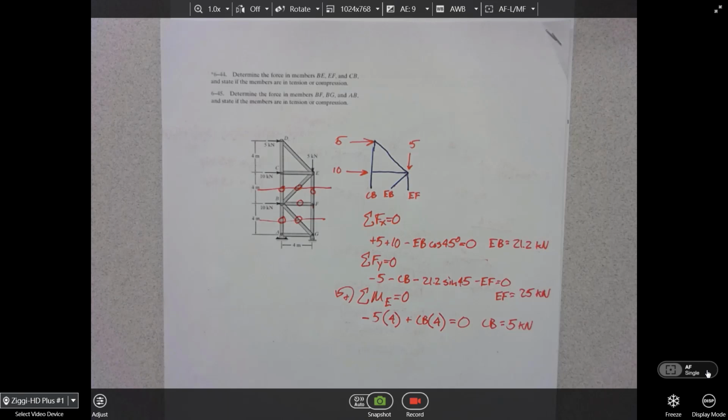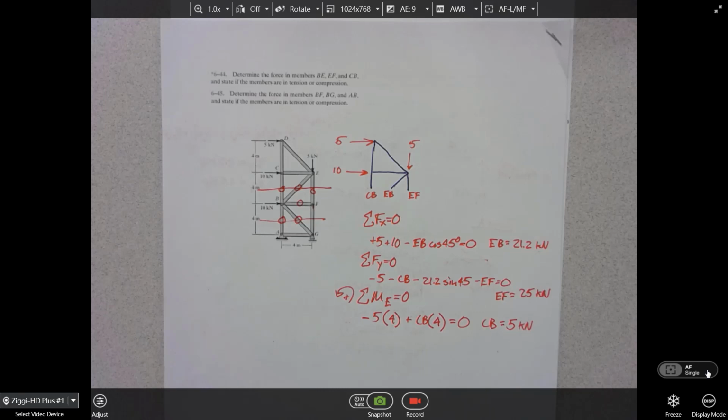And then we can just write our equation. Sum of the forces in the x has to be 0. What do we have acting in the x? Plus 5, plus 10, minus some part of EB. And it looks like this is a 4, 4, so that means we're at 45 degrees. So it'd be minus EB cosine 45 degrees equals 0.